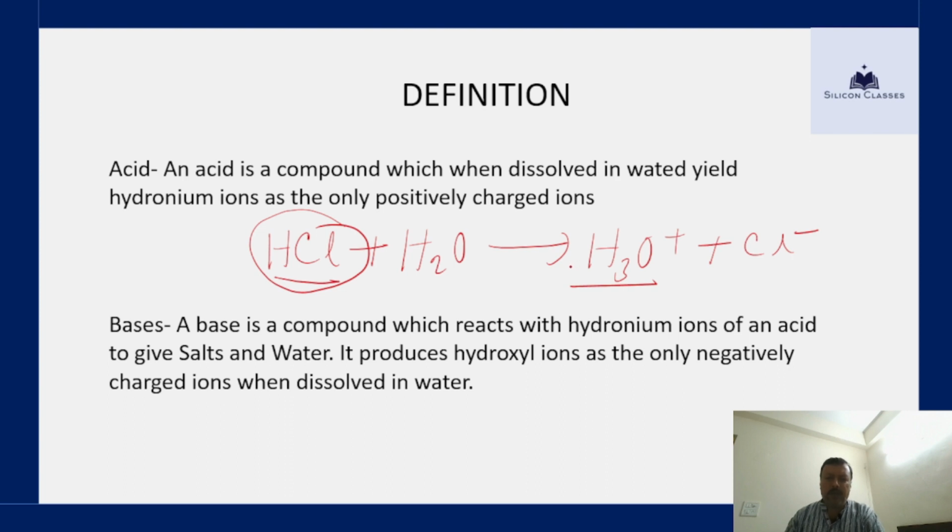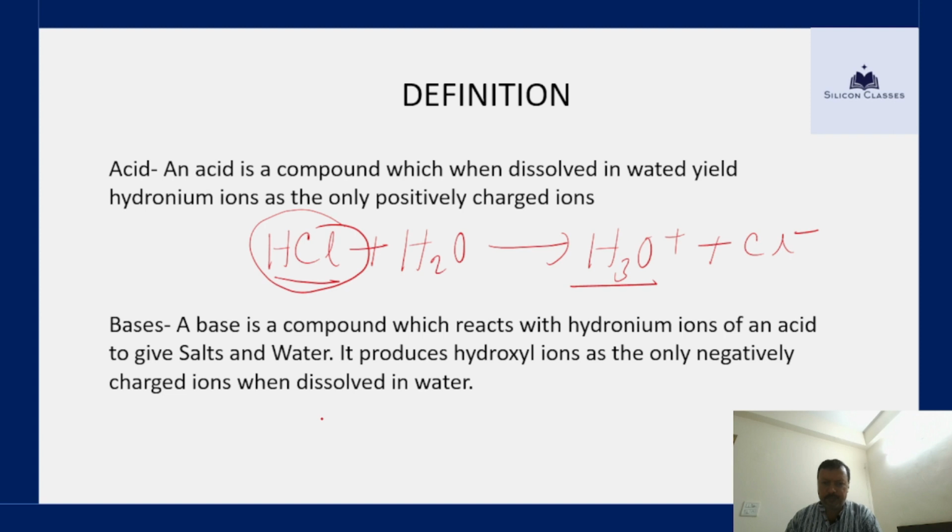And what is a base? A base is a compound which reacts with hydronium ions of an acid to form salt and water. It produces hydroxyl ions as the only negatively charged ions when dissolved in water. A base is a compound which dissociates to form hydroxyl ions.